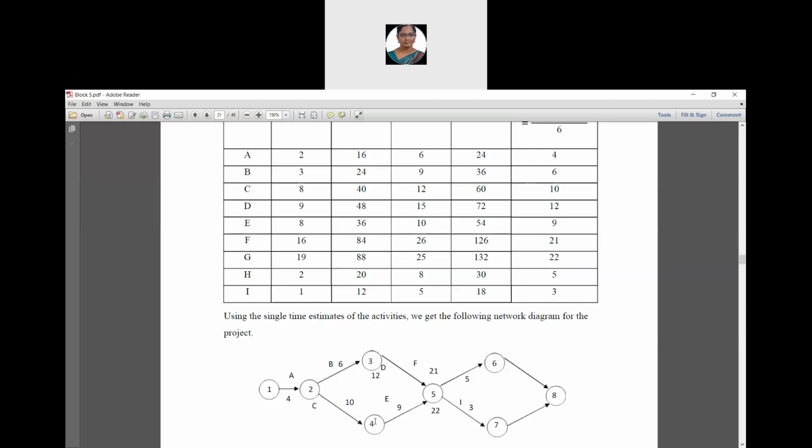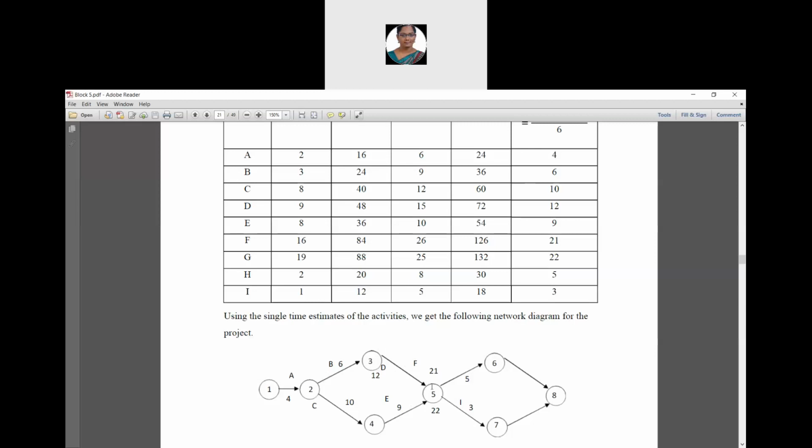Then D. D has the predecessor B. So we have to draw a path between 3 and 5. Its corresponding time duration value is 12.